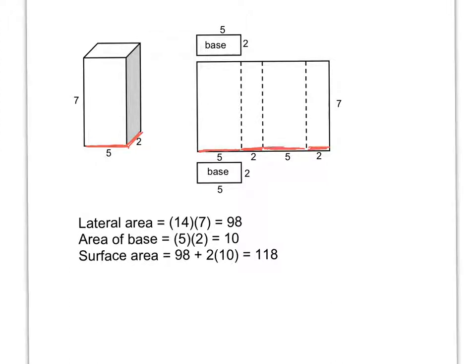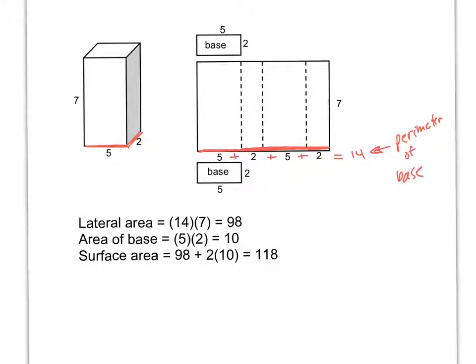So this length right here, if I add these two numbers up, 5 plus 2 plus 5 plus 2, that equals 14. And that 14 is an important number because it is the perimeter of the base.